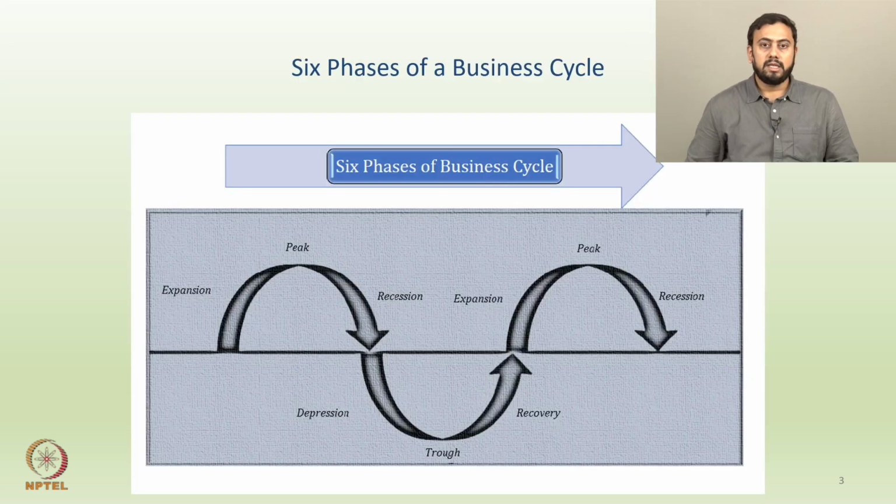Alright, so the graph that you see in front of you beautifully demonstrates the 6 phases of a business cycle. Typically one can observe cyclical variations in a business cycle. Let's say you have a business; it might be in a boom or it might not do that well, right.